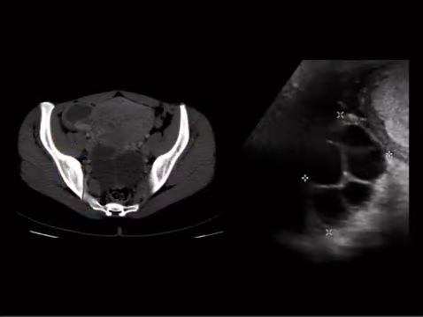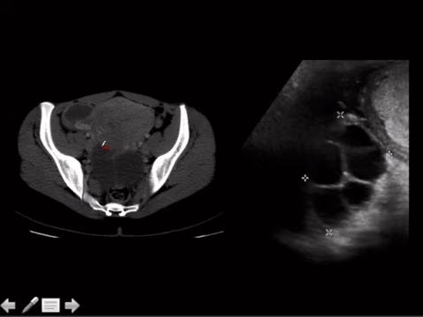So this is a case of a molar pregnancy. In this case, it was a complete mole or a classic mole. And you've got your CT equivalent here. Big cysts with thin septations.